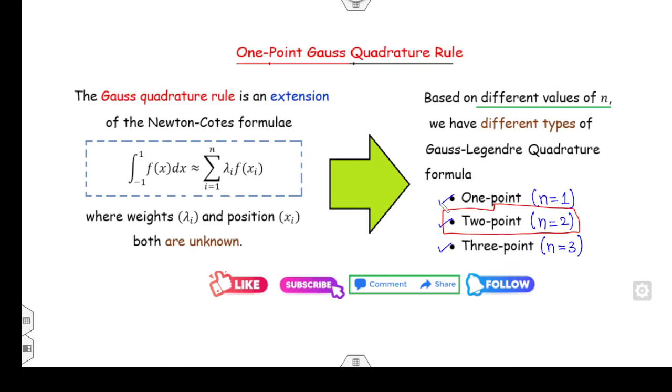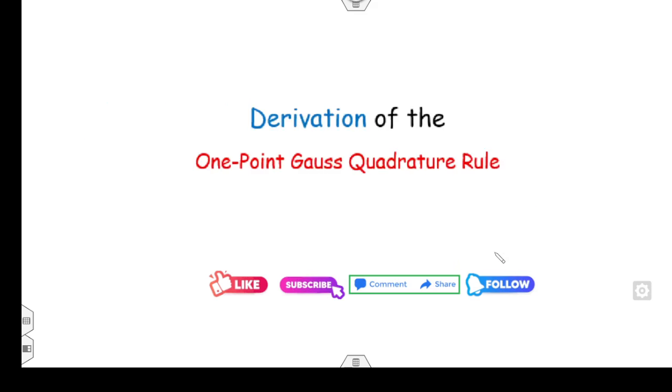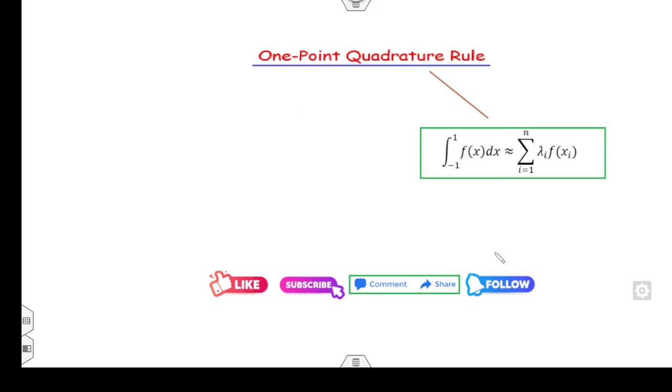In this lecture, I will explain the concept of the 1-point Gauss quadrature rule. After this lecture, I will explain the 3-point Gauss quadrature rule. Now, what is the derivation of the 1-point Gauss quadrature rule? In the Gauss quadrature formula, if I simply take n equal to 1, then what will happen?